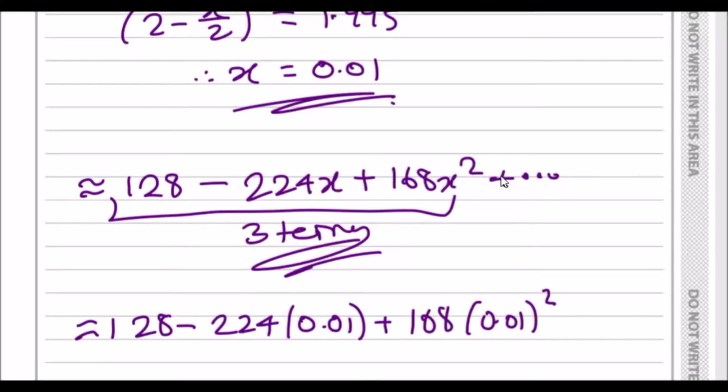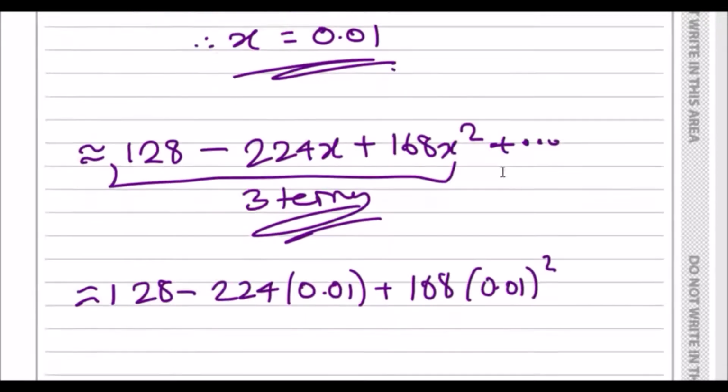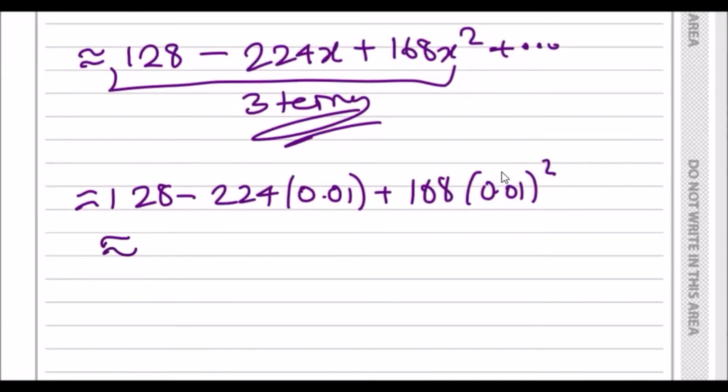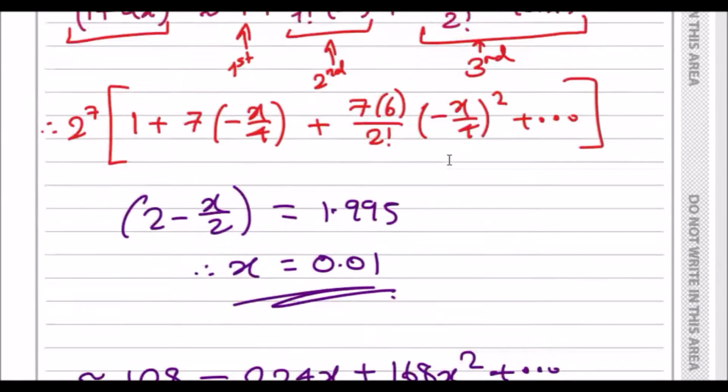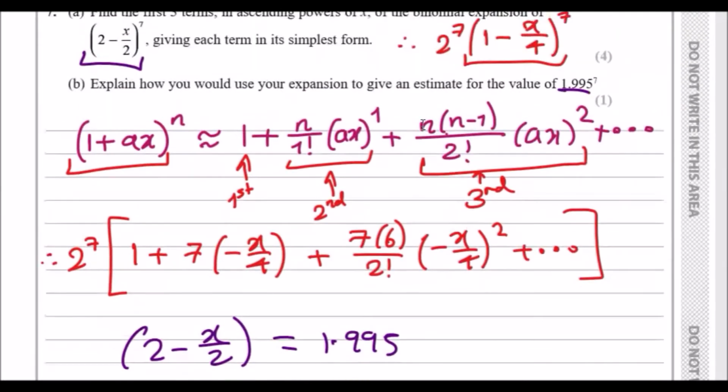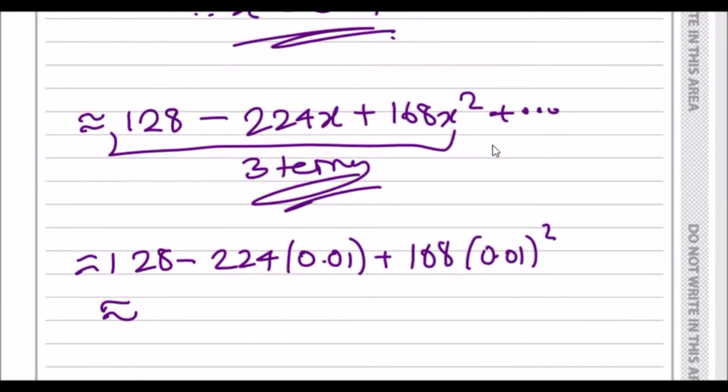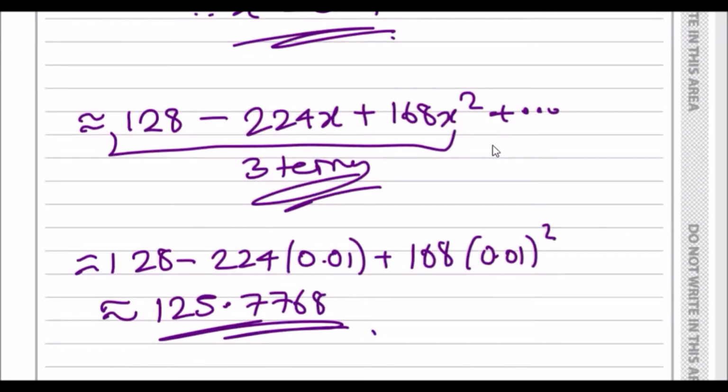Alright, the calculator is fixed to 4 decimal places, so I got 125.7768. That's it. All done.